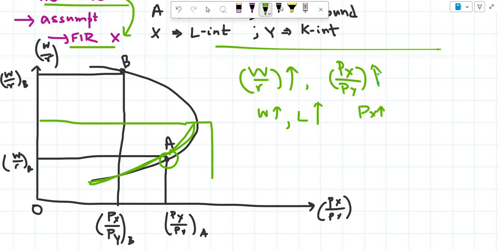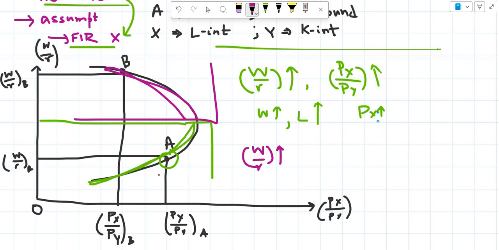That is true for this section of the graph. If we look at the other side, in this section of the graph, we see that as W by R is increasing, Px by Py has started to fall.